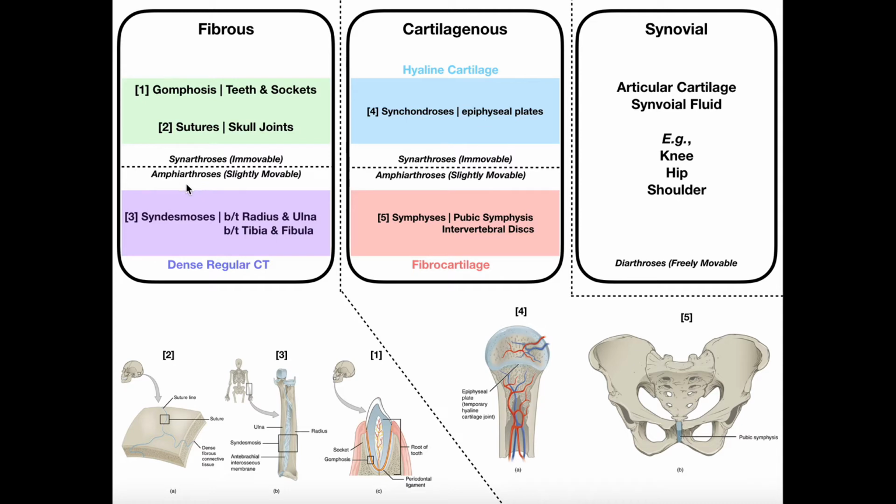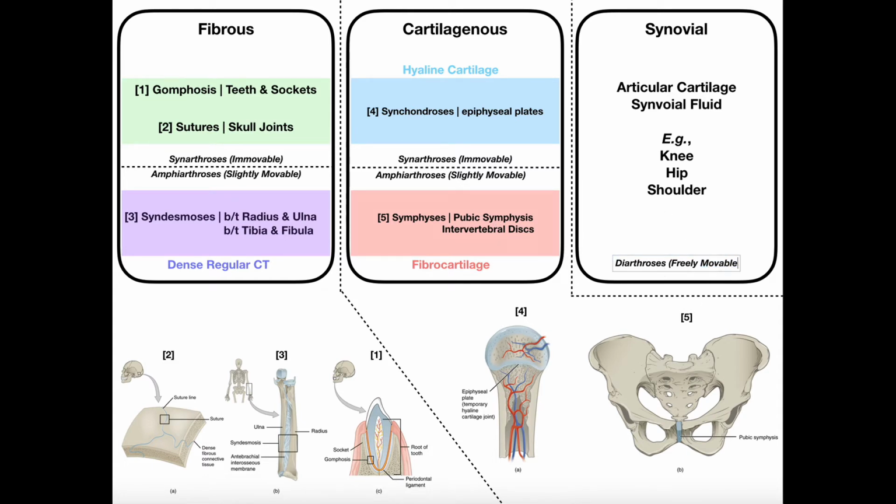So basically there's only a slight amount of movement of those joints. Okay, and when we look at fibrous and cartilaginous joints, those are two structural classifications, we're only going to see synarthroses and amphiarthroses.